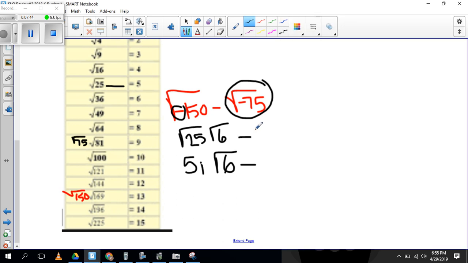So that was minus 25 and 3. 25 becomes 5i and square root of 3.